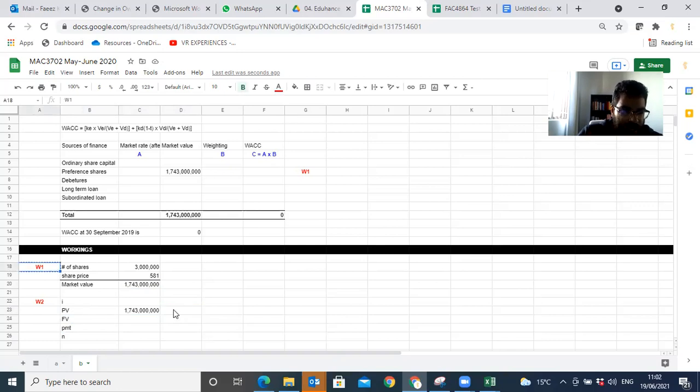Now we need future value. Remember, even on the financial calculator, we always just keep the present value negative. So we make the present value negative, and future value and PMT will be positive.